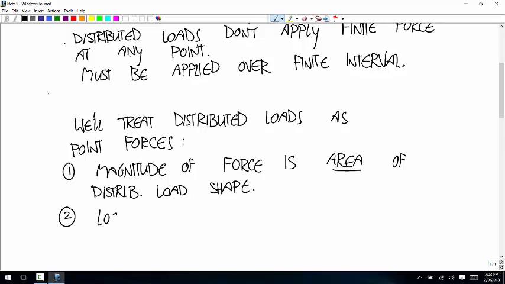And the location of the point force is the centroid of the shape.